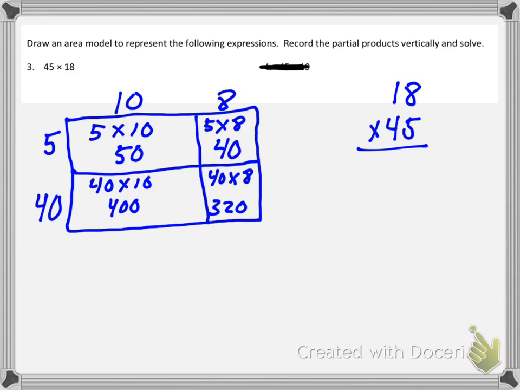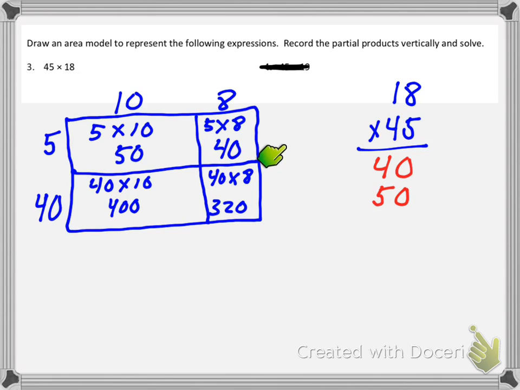Now what we have to do is place these partial products vertically and solve it. Okay, so our first one that we have was 5 times 8. Now look over here, 5 times 8, and we're getting 40. And now we continue. Let's look over here. 5 times 10. Look over here. 5 times 10 is a 50.